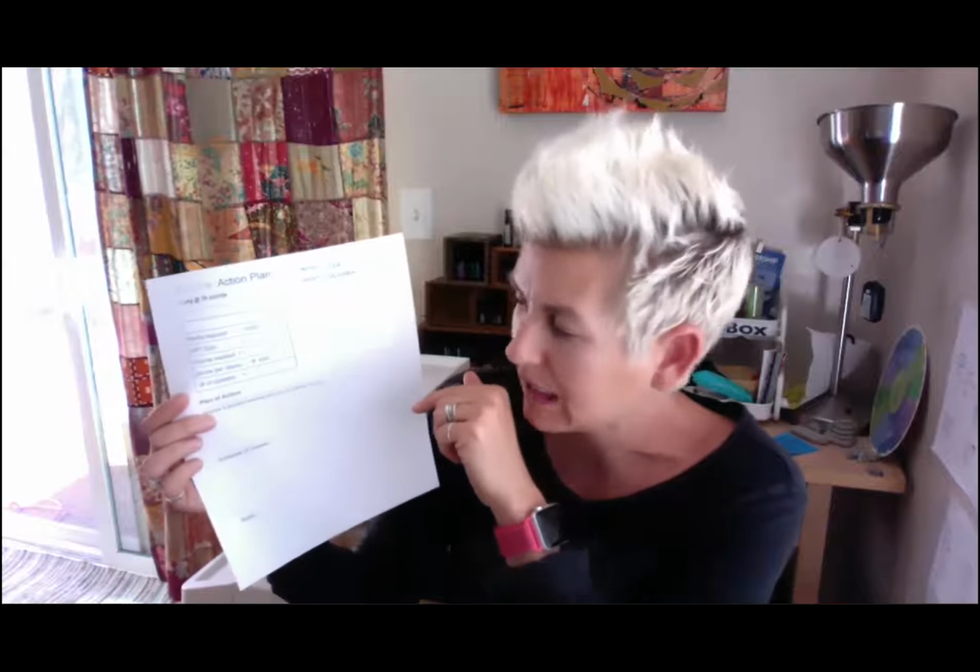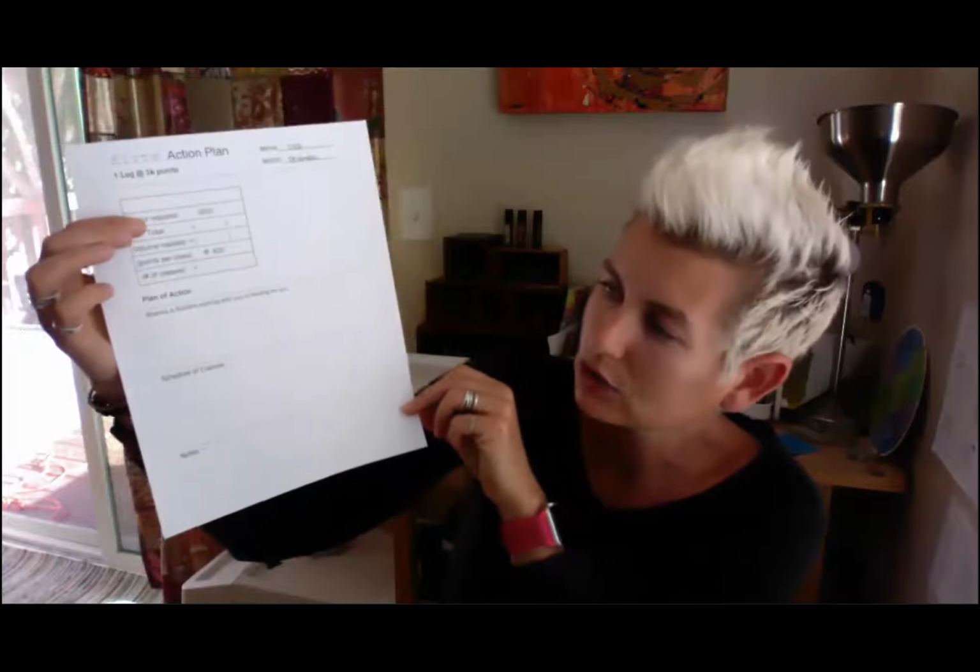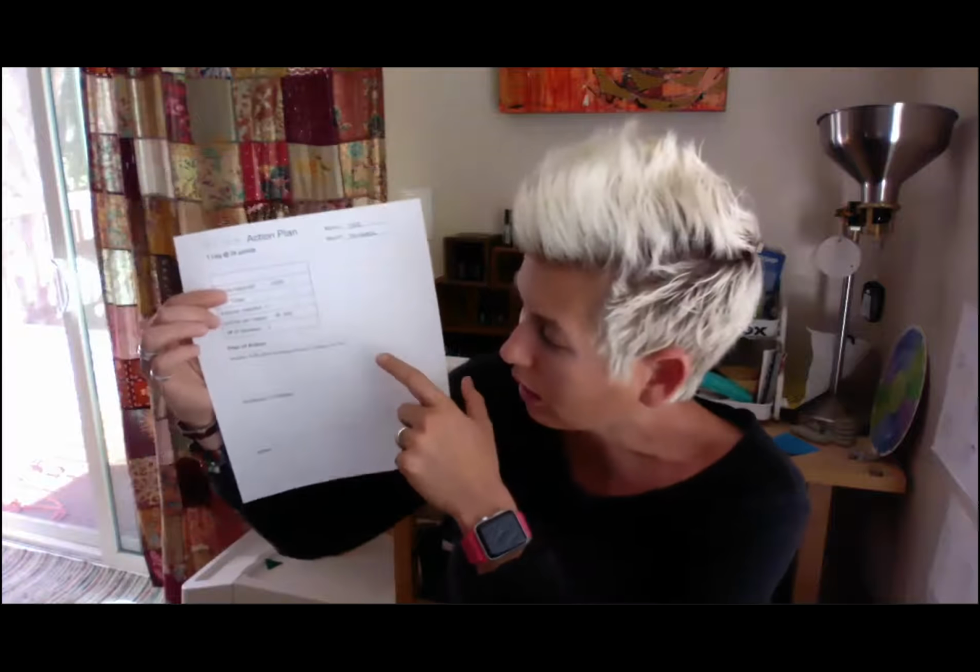So that's the easy part of this paper: figuring out where you're missing volume, what your goal is, and how much volume you're going to need. The next part is the more complicated part, which is writing down who is sharing, building, and working with you, who's going to host for you, what places you are working with, where you are going to host, all of those things. Then you also write down the classes that you have scheduled.